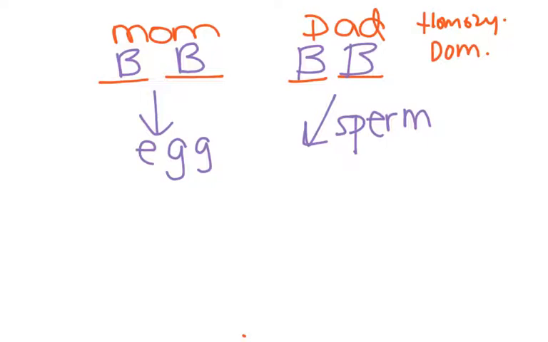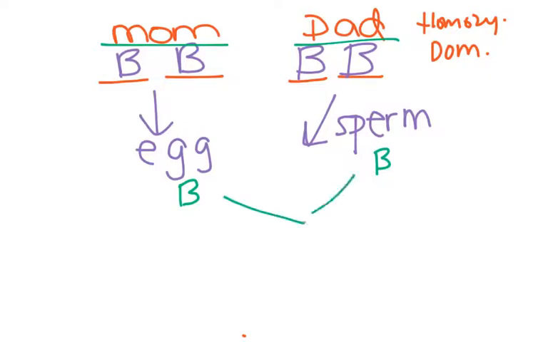So each egg is going to have one of these alleles. Looking at mom, she has two big B's, so we know that this egg is going to carry that allele with that dominant big B trait. And looking over at dad, the sperm is only going to get one of those traits, and in this case, it's going to be a big B.